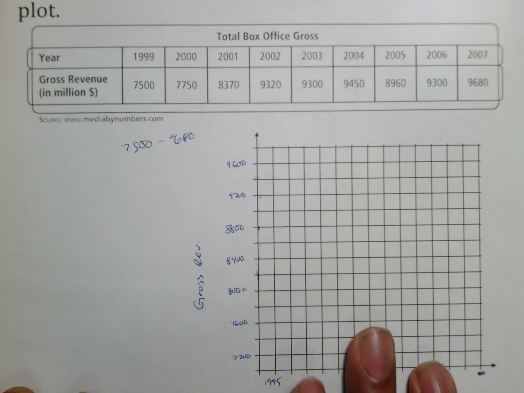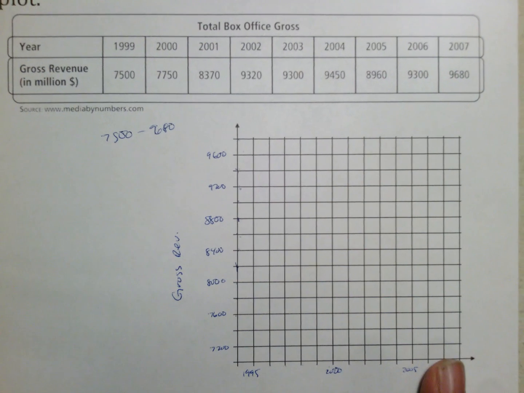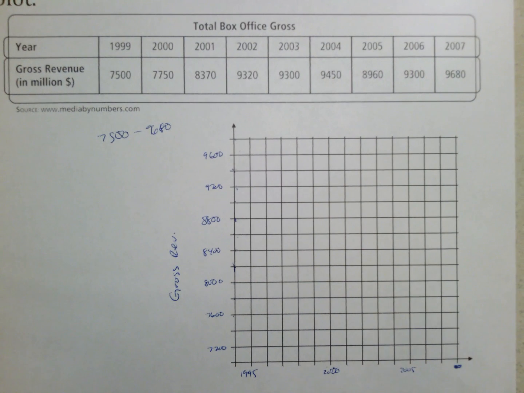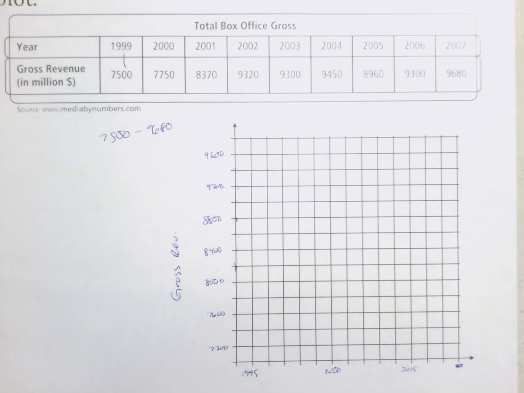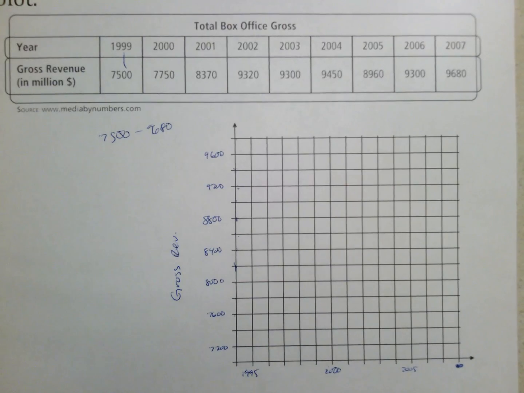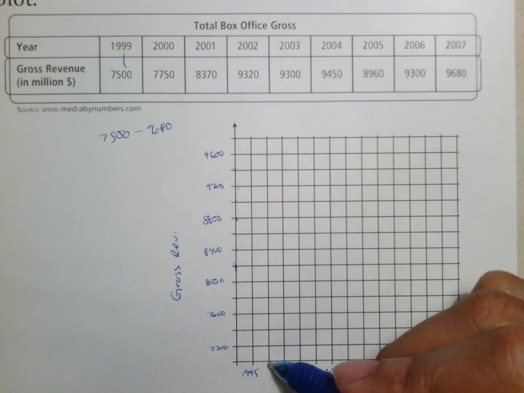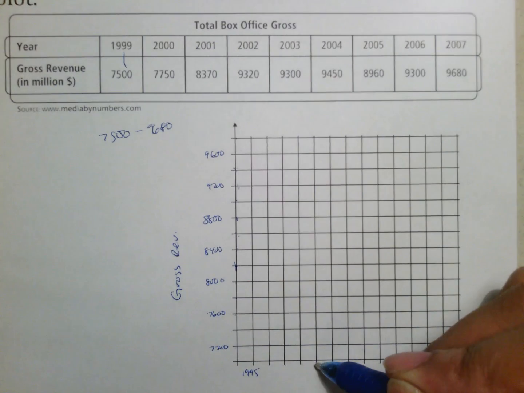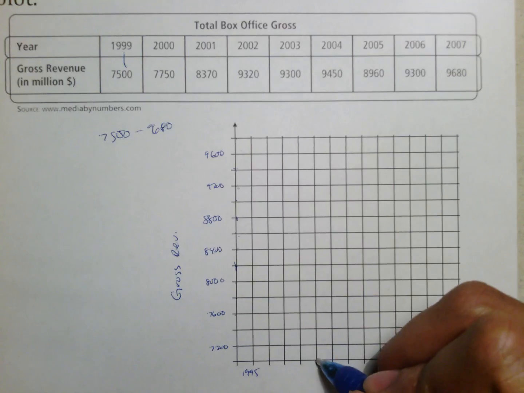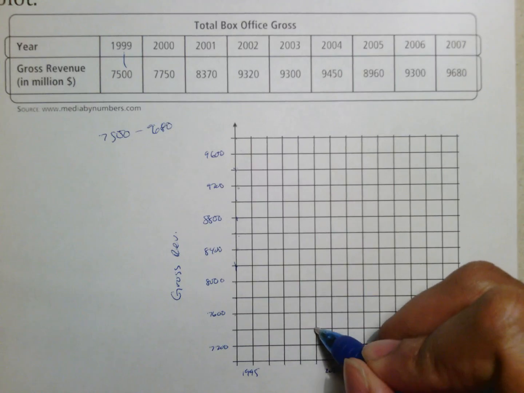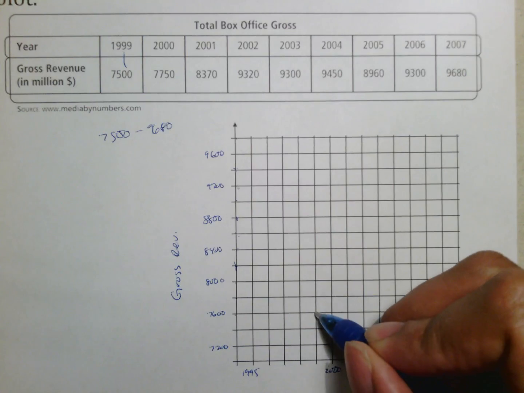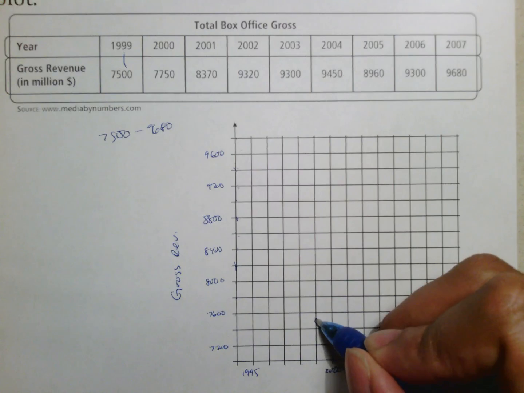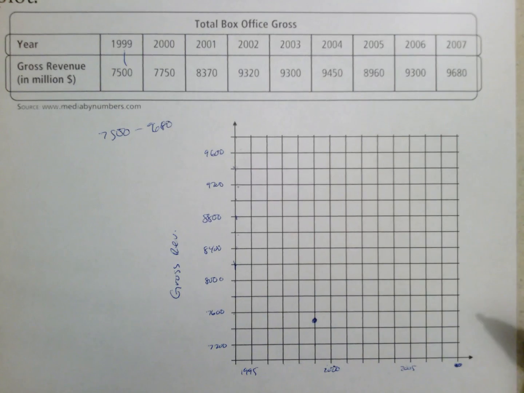So again, this is our starting point, and all we have to do from this point on is just make sure that we put our points in the right spot. 1999 goes with 7,500. So 95, 96, 97, 98, 99 goes with about 7,500. Well, this is 72, 74, 76. So 75 should be right in between, right about there.